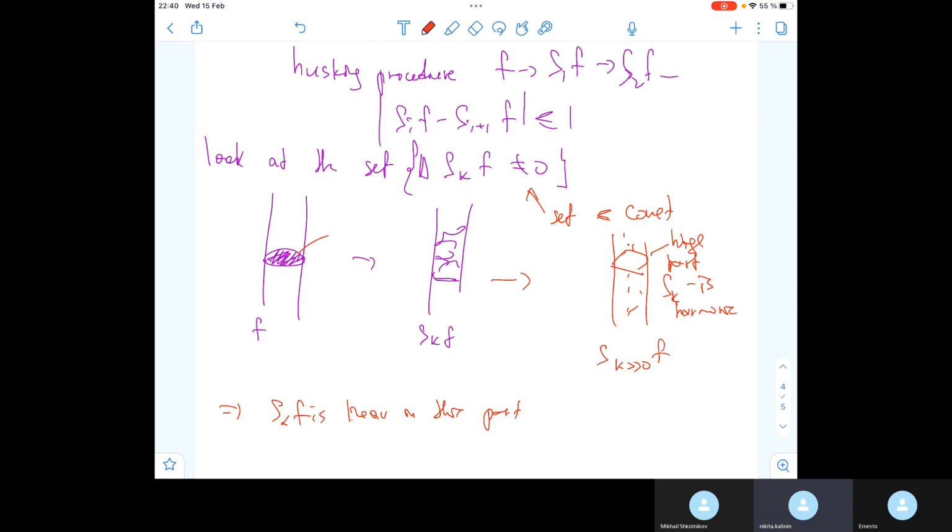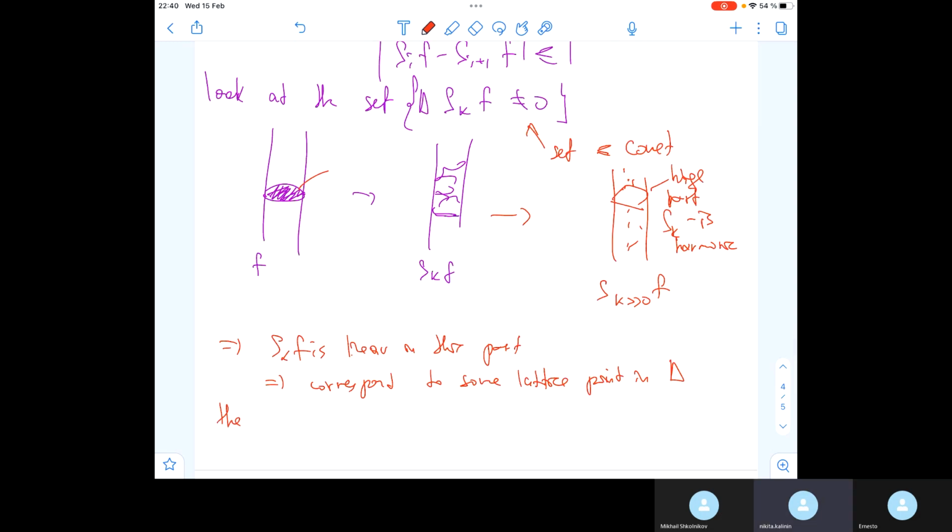And if you have a harmonic function which is bounded by a linear function, then itself it's linear. But then it should correspond to some integer point, some lattice point, in my polytope delta. But there are no such points. Therefore, the process cannot be infinite. The process is finite. So it means that there is a pointwise minimum.